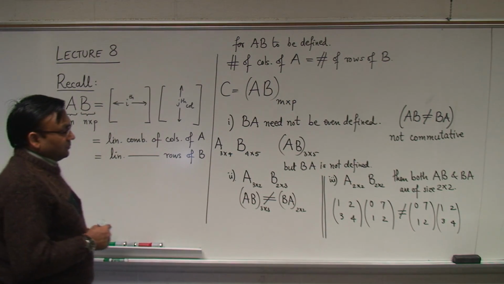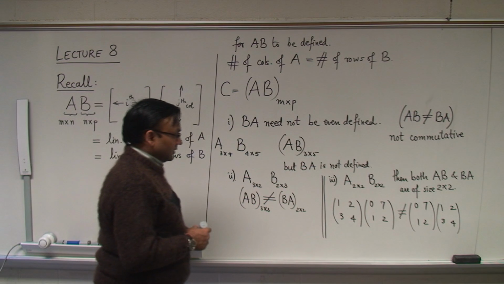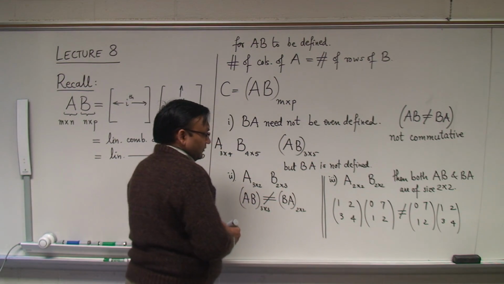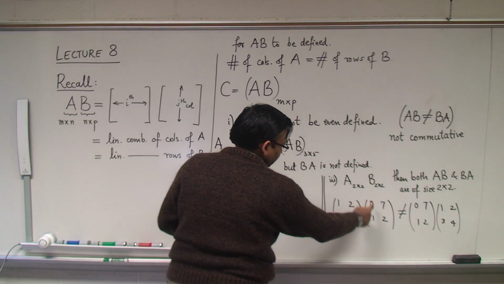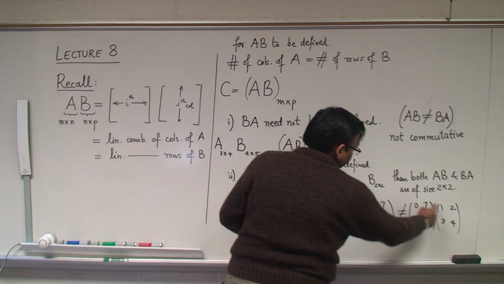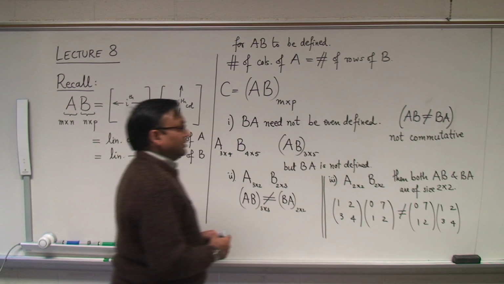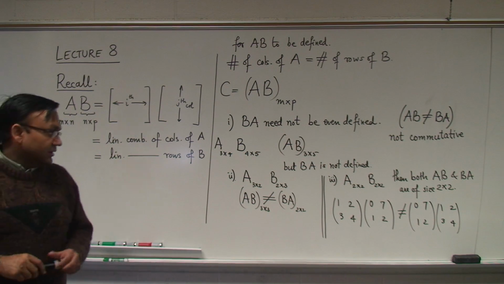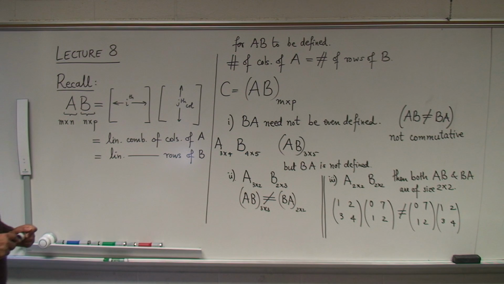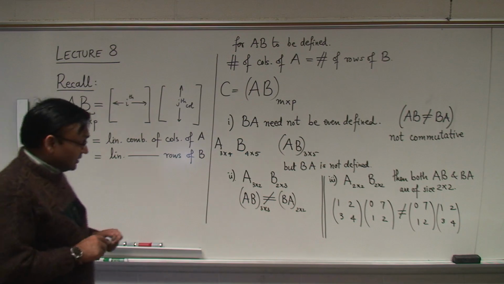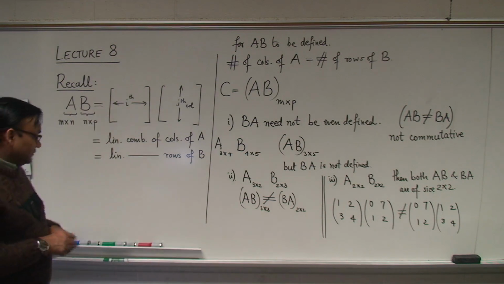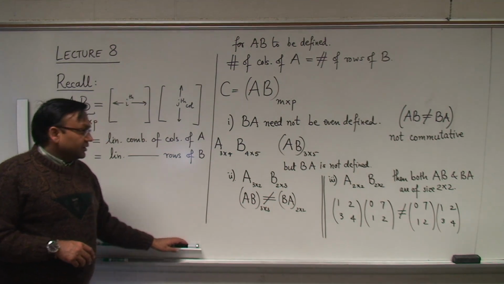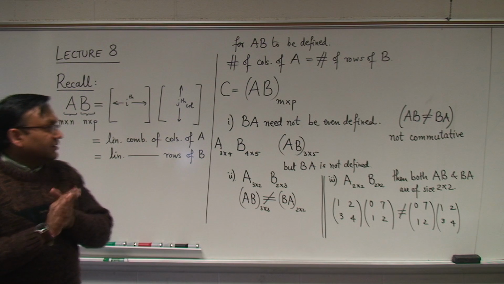And the best way to see that this product is not equal to that other product is to just perform the matrix multiplication. Out here the first entry would be 2, and in here the first entry would be 21. So definitely these two matrices are not equal to each other. So it's not because of size incompatibility, it's not because of the lack of being defined, it's just that matrix multiplication loses commutativity because of the way things are defined.